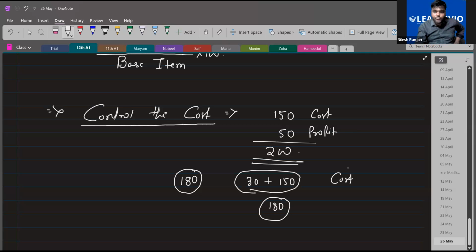If you find a way to reduce your cost, then again you can earn 50 rupees profit. Maybe you can reduce your cost to 130, and at 180 also you can earn 50 rupees profit. That is why controlling the cost is very important, and this analysis on the basis of common size statement is very important in such type of decision making.